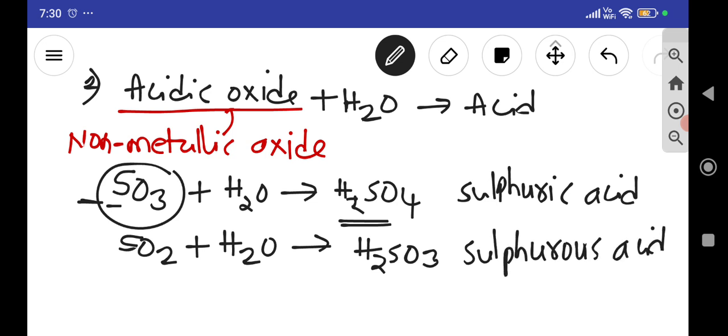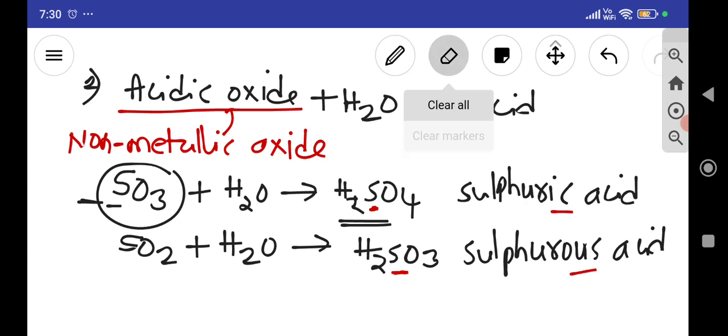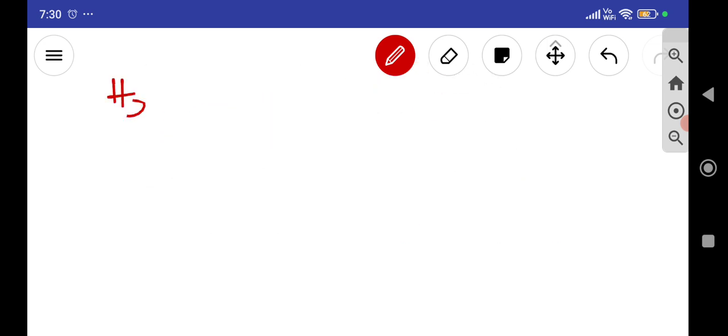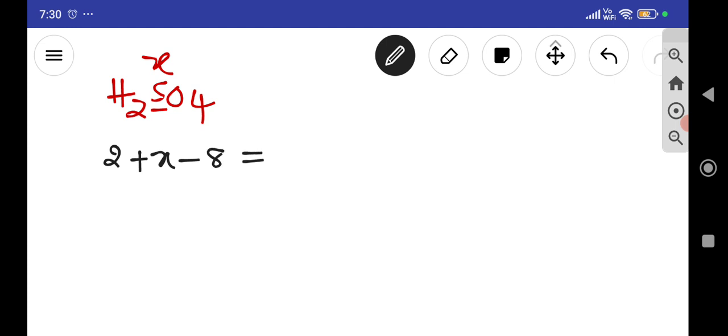So the oxidation state or valency of sulfur you can calculate. What is oxidation state and how can you calculate that? For H2SO4, take the oxidation state of sulfur as X. Now this is 2 plus X minus 8 is equal to 0. The total oxidation state is 0.